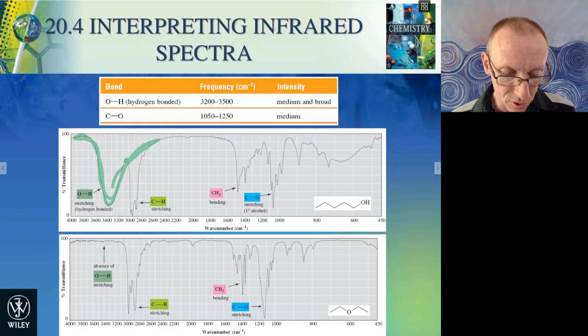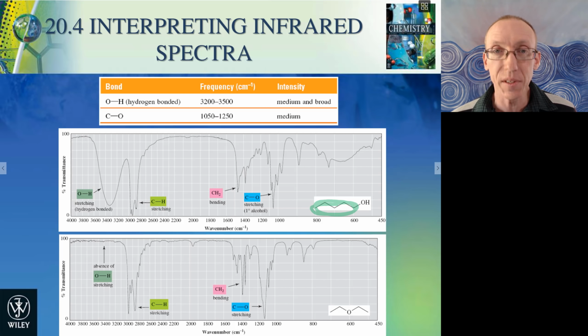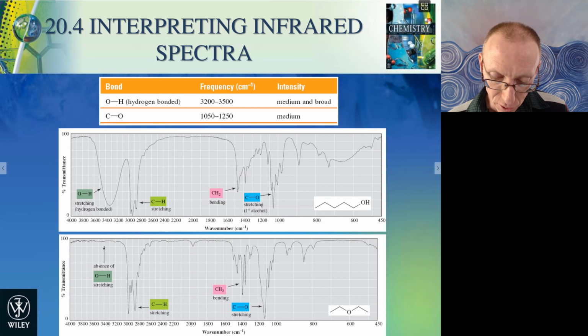And it's so strong that it continues here underneath the CH stretching here. So that's why I've sort of outlined it like that. We've still got our CH stretching for all these sp3 hybridized carbons and their associated hydrogens, CH2 bending, and then we've got this fairly strong CO stretch from the carbon-oxygen bond here. And a few other peaks around the fingerprint region.